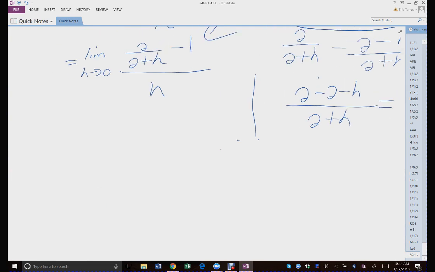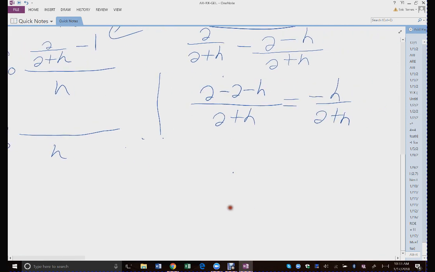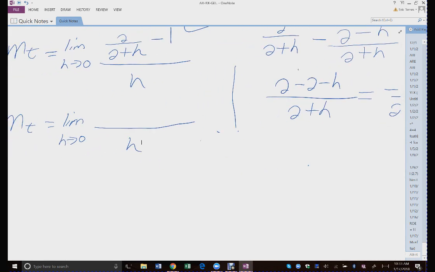And again, this is the slope of my tangent line. So my slope of the tangent line is now the limit as h approaches 0. I still have h in the bottom, but now my top becomes negative h over 2 plus h.